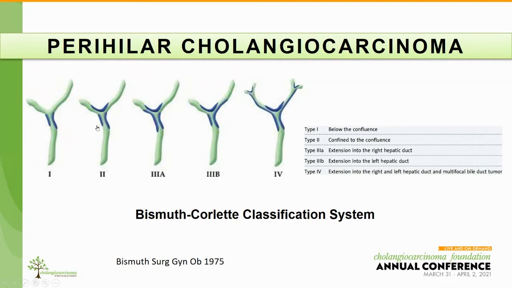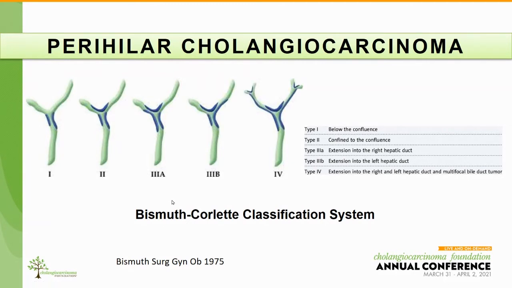Type 2 were really confined to the confluence, and what confined really meant was not extending up far into the right and left ducts, as you can see in type 3 and 4, depending on whether it was right or left. And then type 4 was really extensive disease into the right and left hepatic ducts with multifocal bile duct tumors.